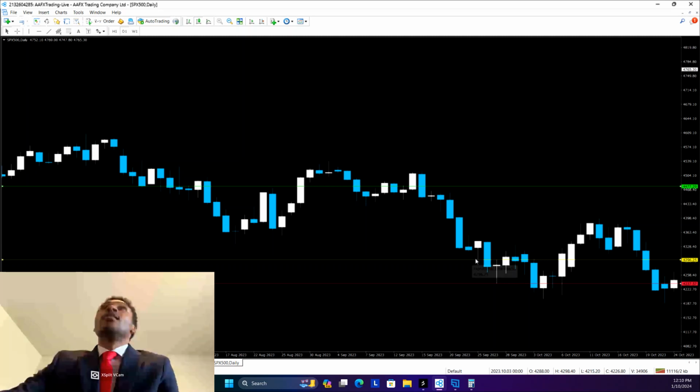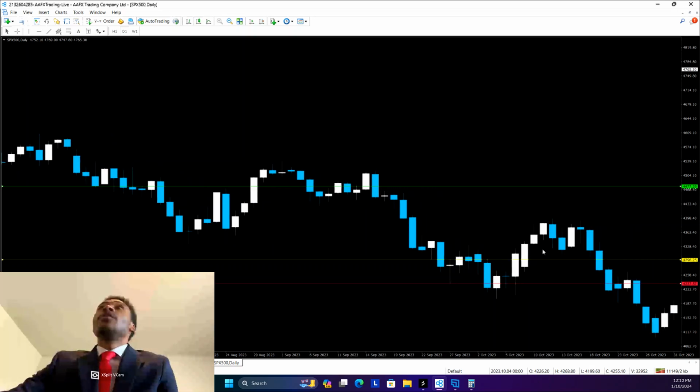Because this is clearly a support low, it closed under, it closed over. You get in for the retest, it goes up, and then it literally closes bearish, and then goes up again. Look at this resistance right here. Look at the difference.